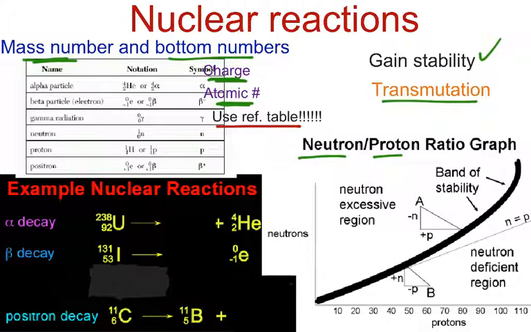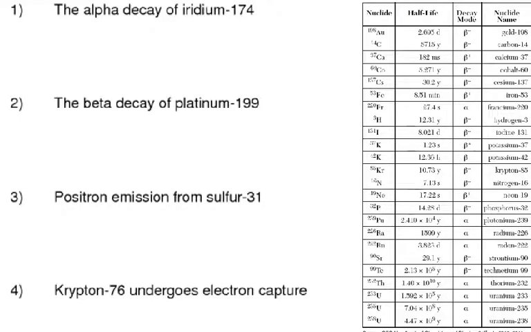Okay, first one, we have uranium-238, with atomic number 92, and we see it is undergoing alpha decay. Now, on the test in a problem like this, they might say it's alpha decay.